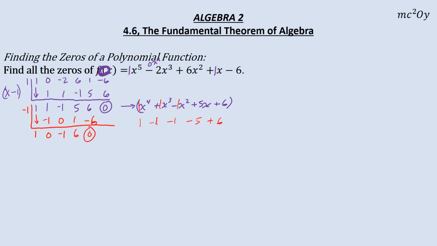All right. So this represents, right here, 1x cubed plus 0x squared minus x plus 6. That is that. Okay. This binomial right here is x plus 1.